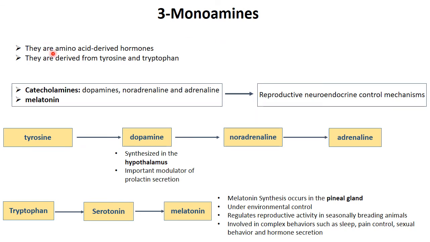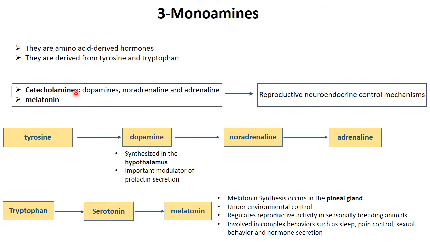So they are amino acid derived hormones, and they are derived from tyrosine and tryptophan. They can be derived either from tyrosine or from tryptophan. In fact, we have two classes of monoamines: the catecholamines, and the second class, melatonin and serotonin.